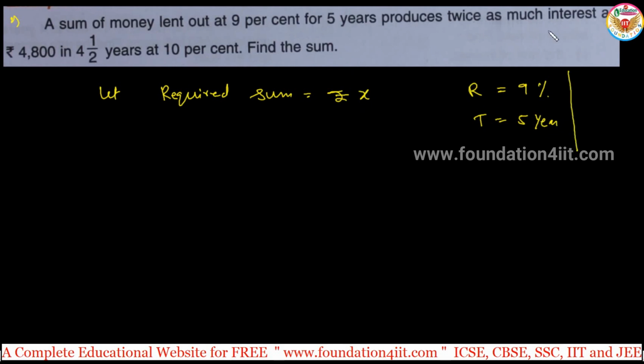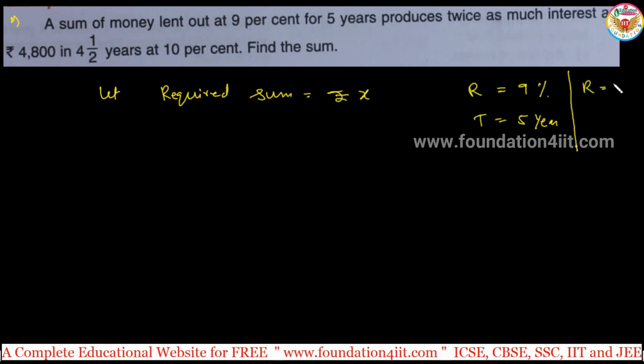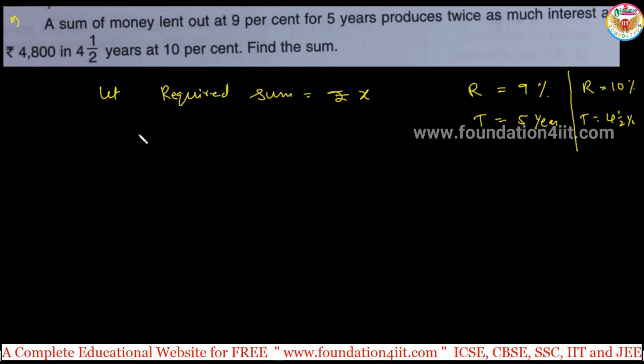And one more: the sum of money lent out at 9% for 5 years produces twice as much interest as for 4,800 in 4.5 years at 10%. In the second case, R is 10% and time is 4.5 years, right? And 4,800 is the P value in this. That means you can make the statement like this.